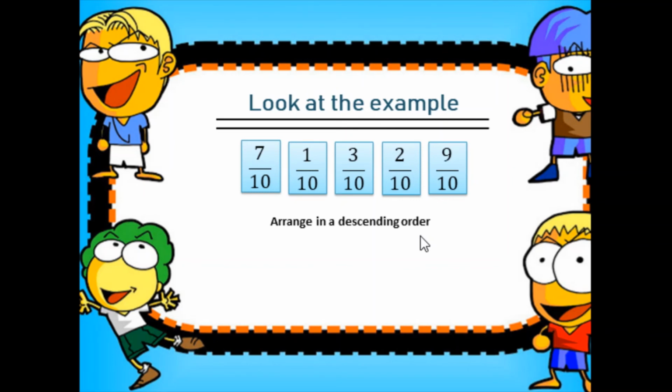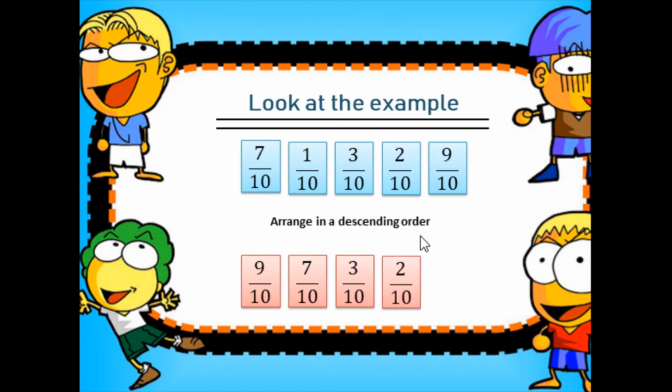Very good. So, what is the first one? We have 9 tenths. Good job. 7 tenths, 3 tenths, 2 tenths, and 1 tenth. These fractions are arranged in what order? Good job. Descending order.